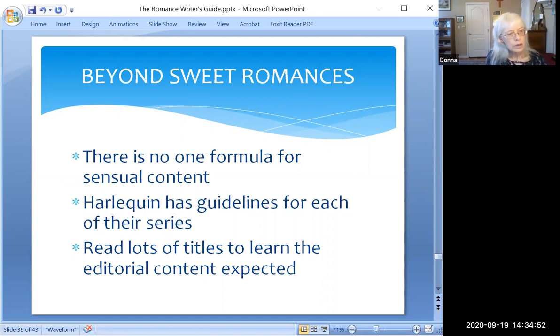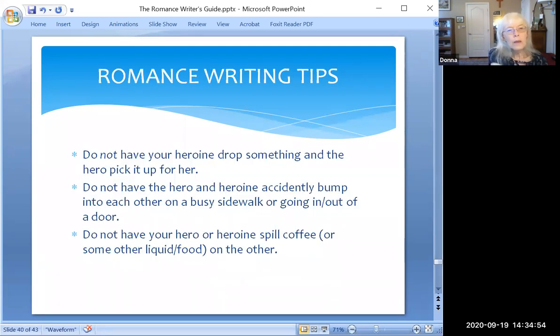Okay, next slide. So how about some romance writing tips? And here's what I'm going to say on this particular bullet point list. These are the cliches that you need to avoid at all costs. Do not have your heroine drop something and the hero pick it up for her. Do not have the hero and heroine accidentally bump into each other on a busy sidewalk or going in or out of a door.